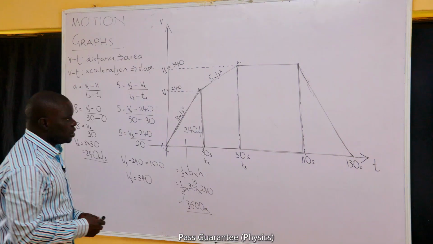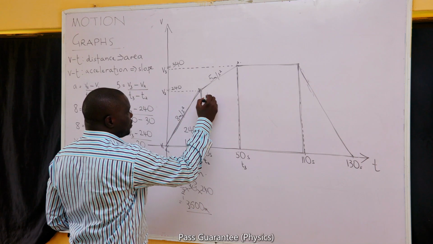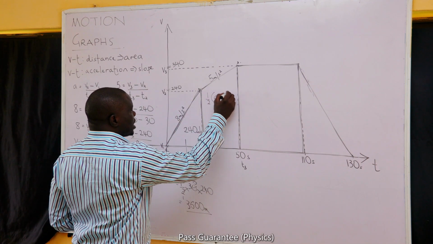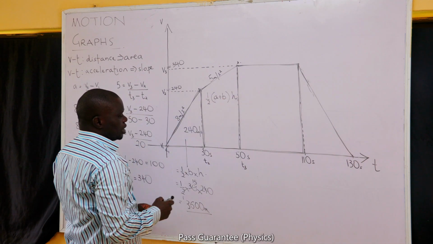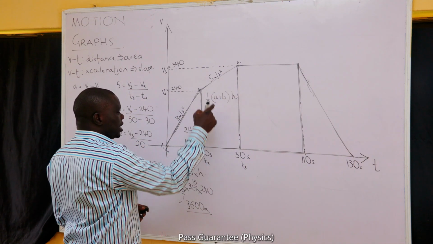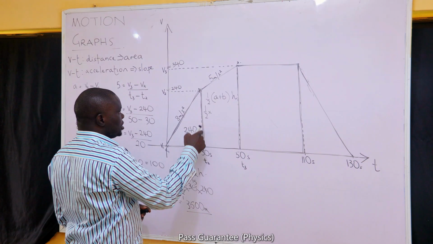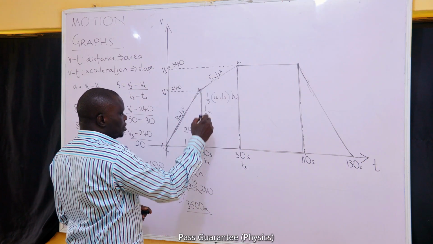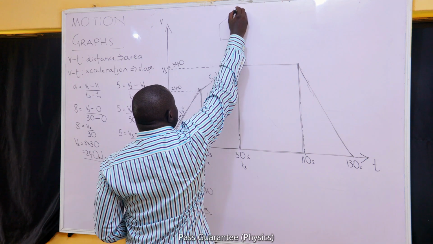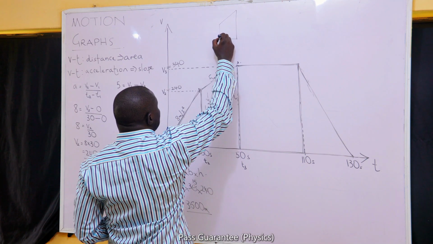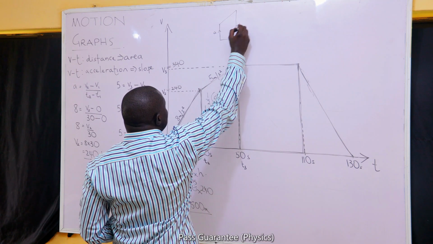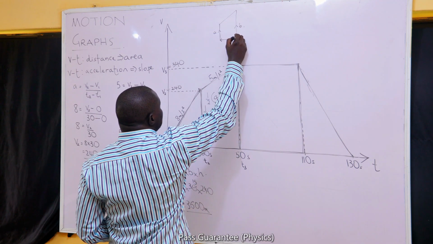This is a trapezium. The area of this trapezium is half times a plus b times h. And that should be half multiplied by, what is a? If you have a trapezium, let me draw it out for you. It is the two parallel sides that will give you your a and your b. The height will be the distance between the two of them.